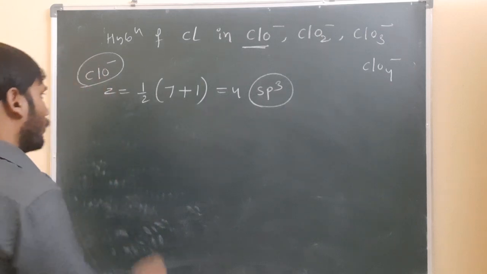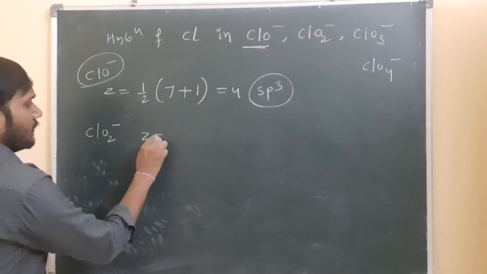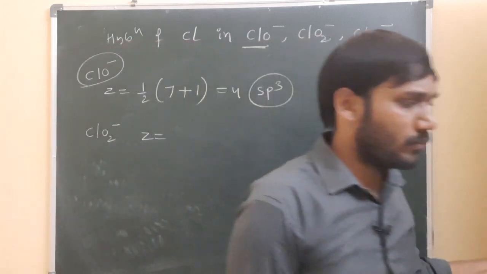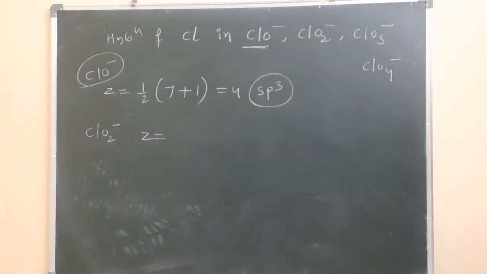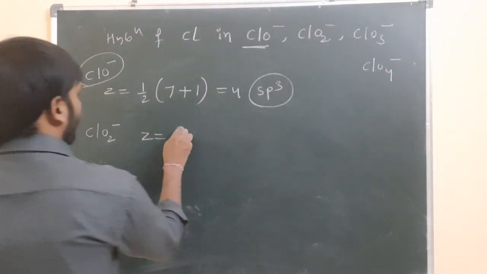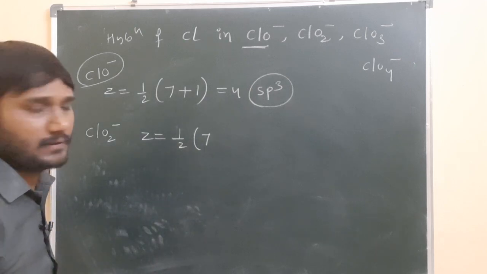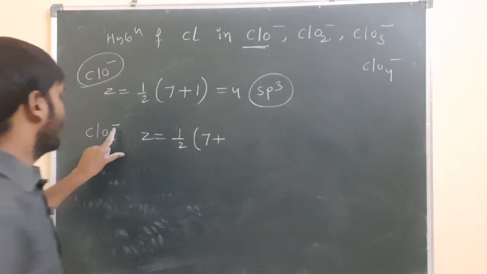Then come to the ClO2 minus. When you discuss the ClO2 minus, half into chlorine 7th group element, valence 7 electrons plus 1 negative charge.